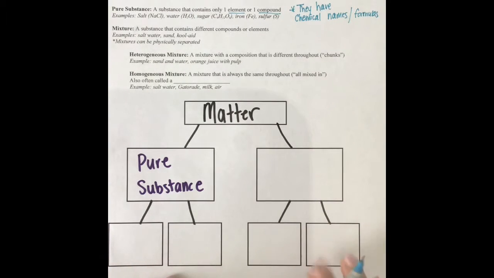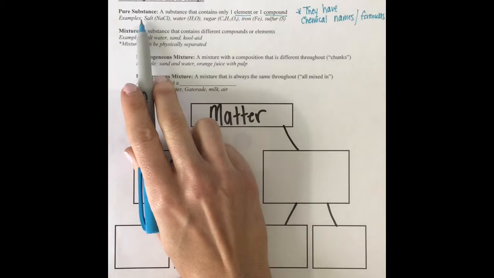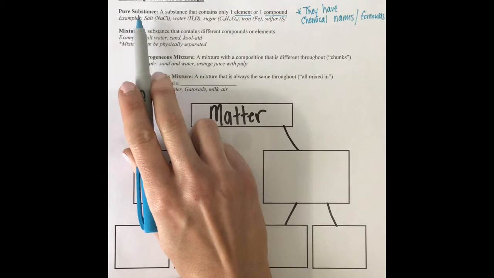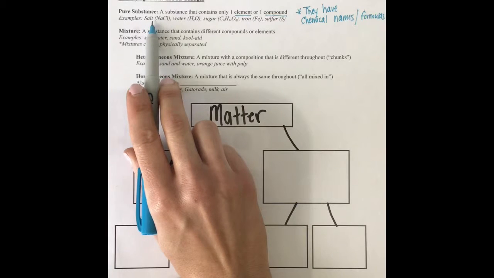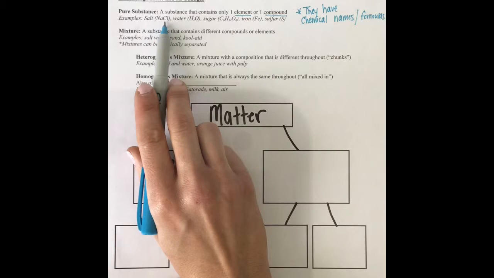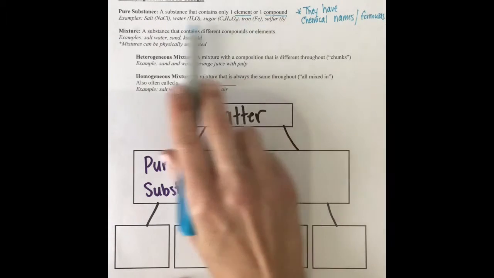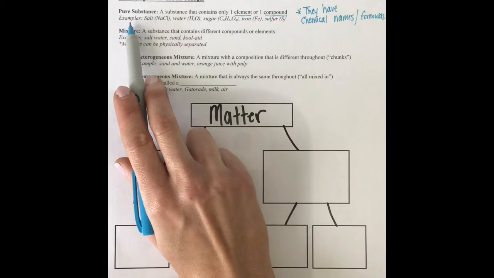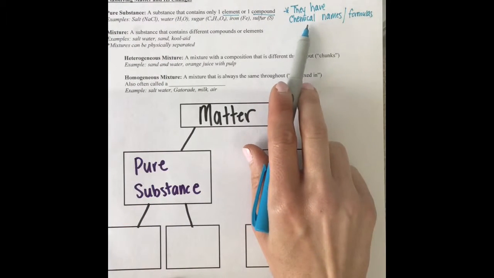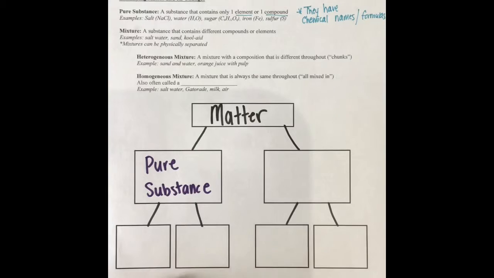And the reason for that is pure substances never change. They are the same no matter where you go, whether you're in Indiana or across the world. Salt is always NaCl. An atom of iron is always Fe. A pure substance is pure because it has a defined chemical name and formula.